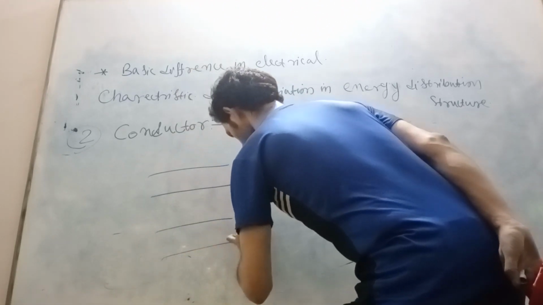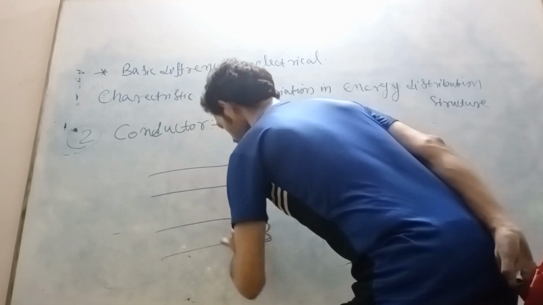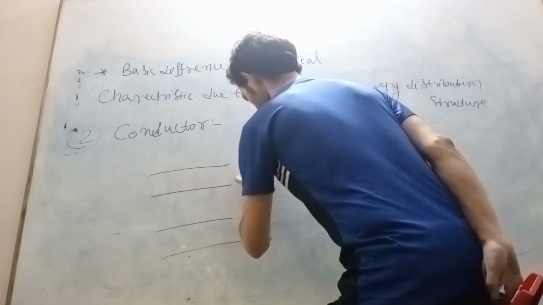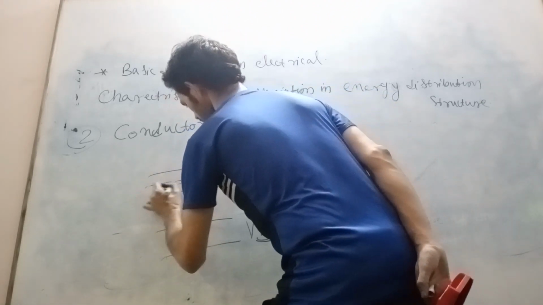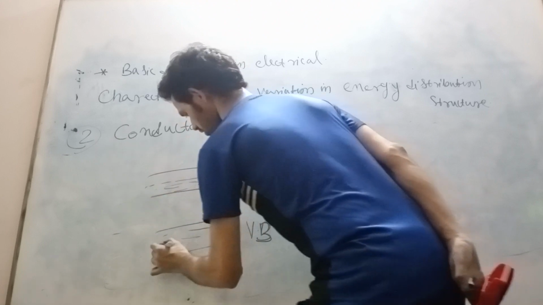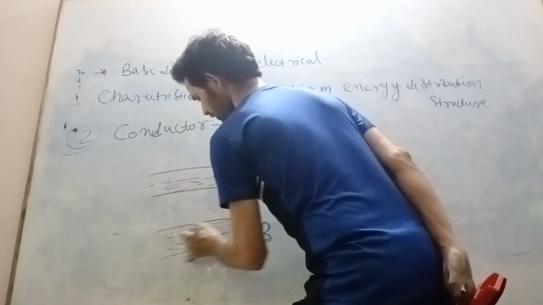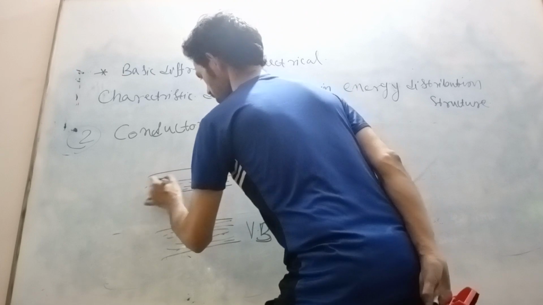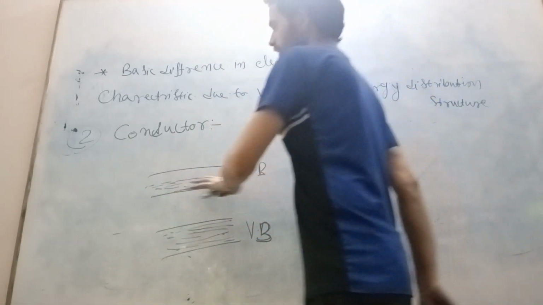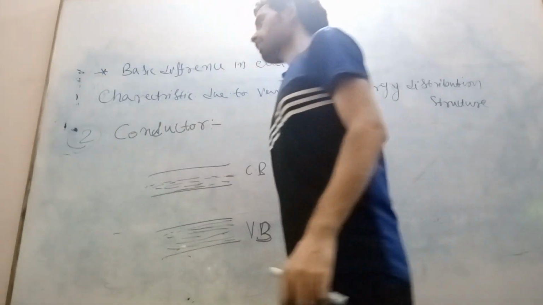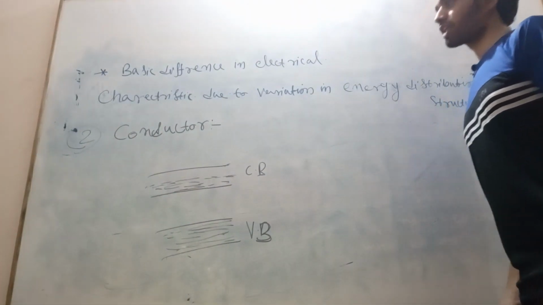Here, the valence band is completely full of electrons, and the conduction band is also partially full of electrons. There is already a lot of electrons present in the conduction band, and hence it has large conductivity.